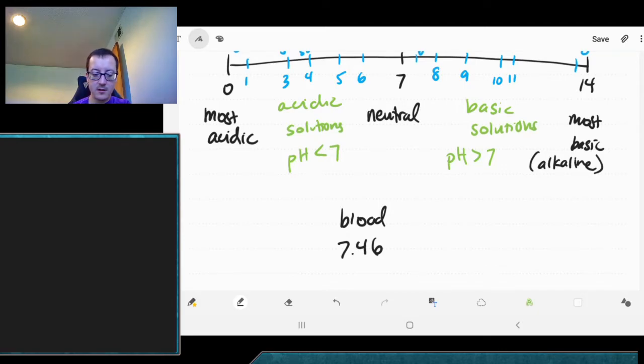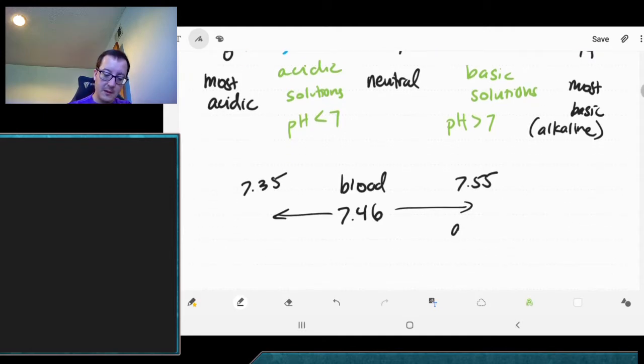That's pretty standard. If you change your blood pH, which you can't, by the way, but if you were in a disease state, this would be alkalosis here. This would be acidosis.